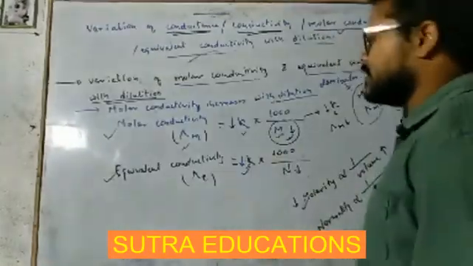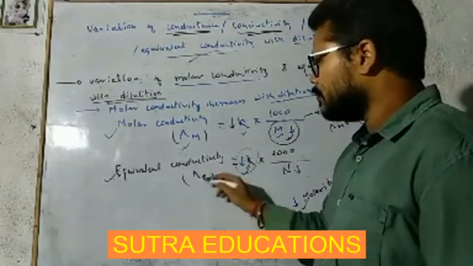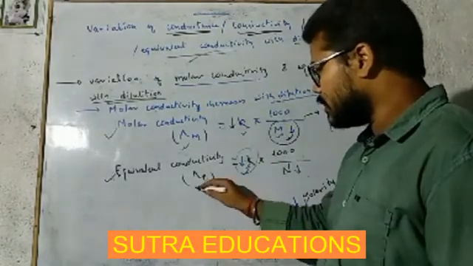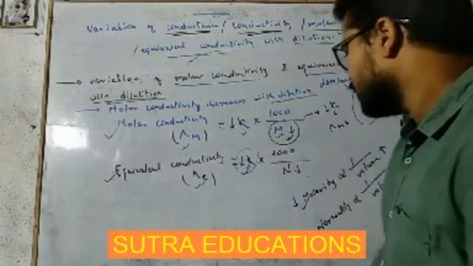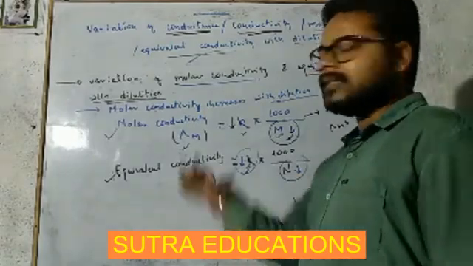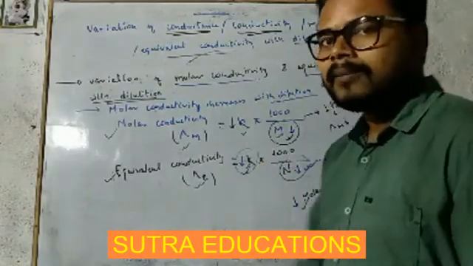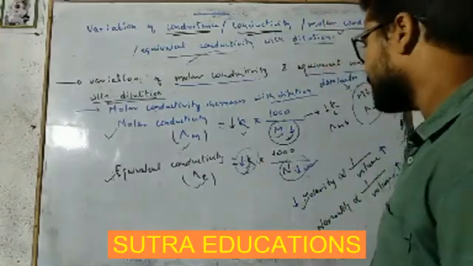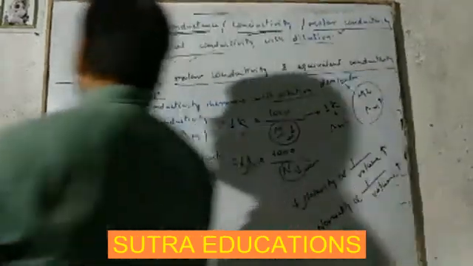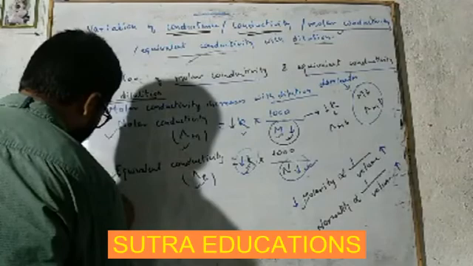Kappa is decreasing, so by looking at kappa, we can say equivalent conductivity is decreasing. But as normality is decreasing, equivalent conductivity is increasing, and this is dominating over kappa. So again in this case, equivalent conductivity increases on dilution.